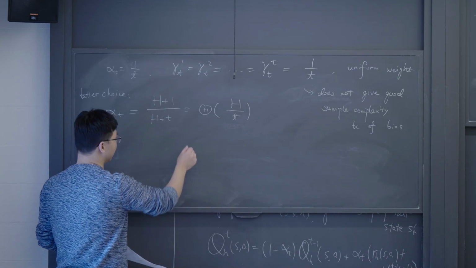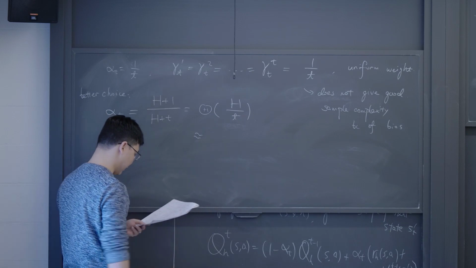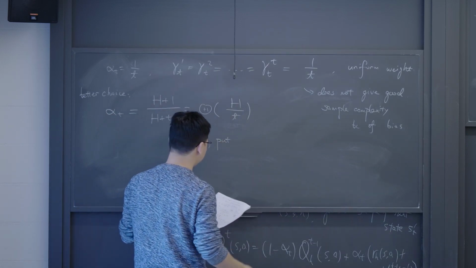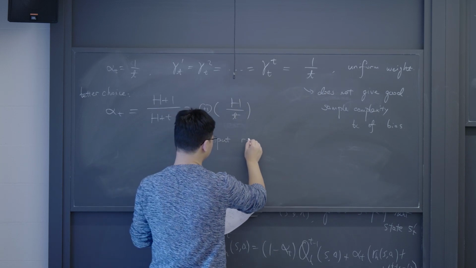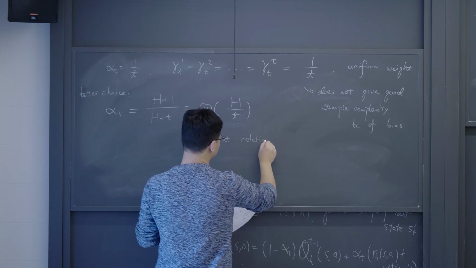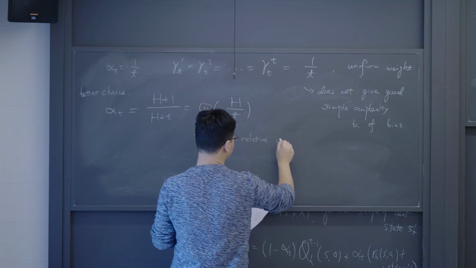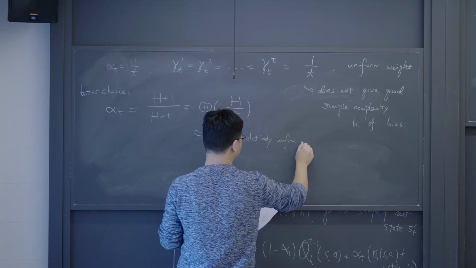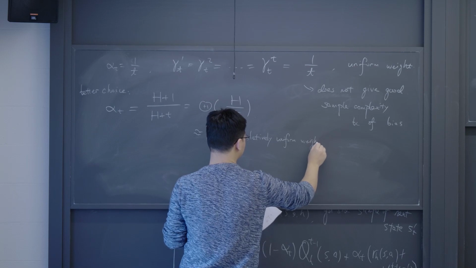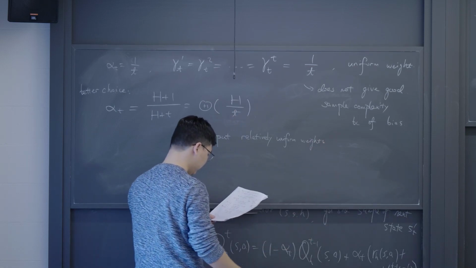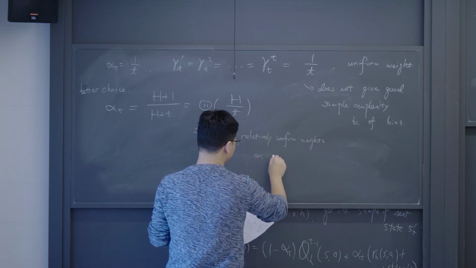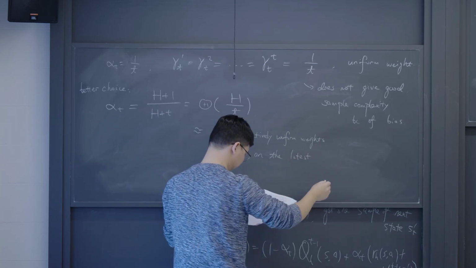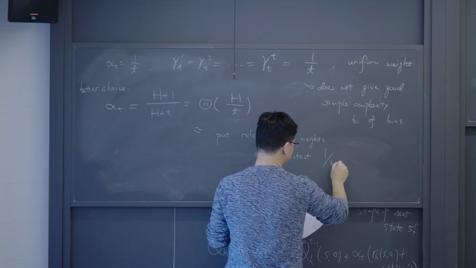This is roughly similar to putting relatively uniform weights on the latest 1 over H fraction of data.